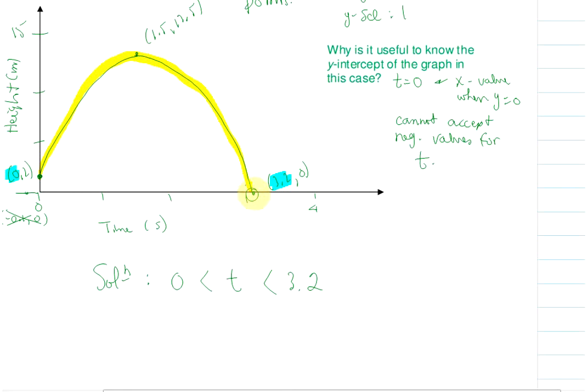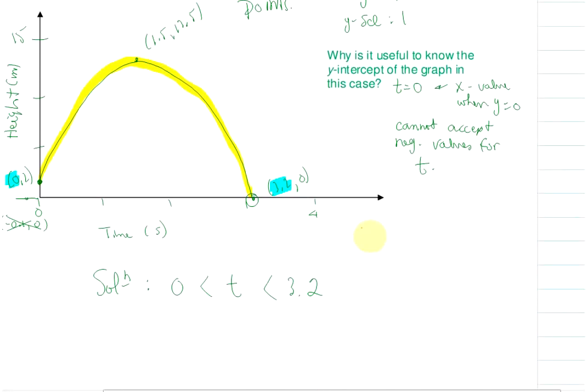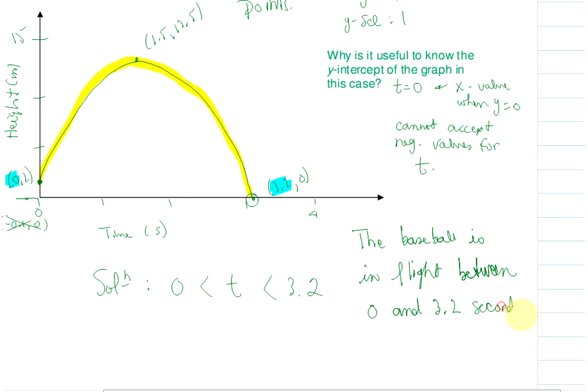So when you answer the question, during what time interval is the baseball in flight, you say the baseball is in flight between 0 and 3.2 seconds. Okay, so this concludes our notes for section 9.2.